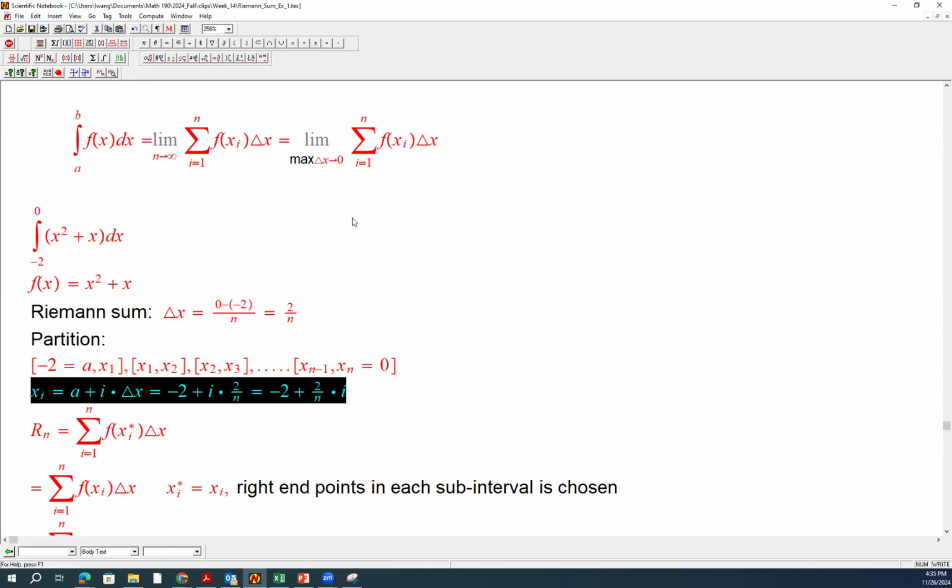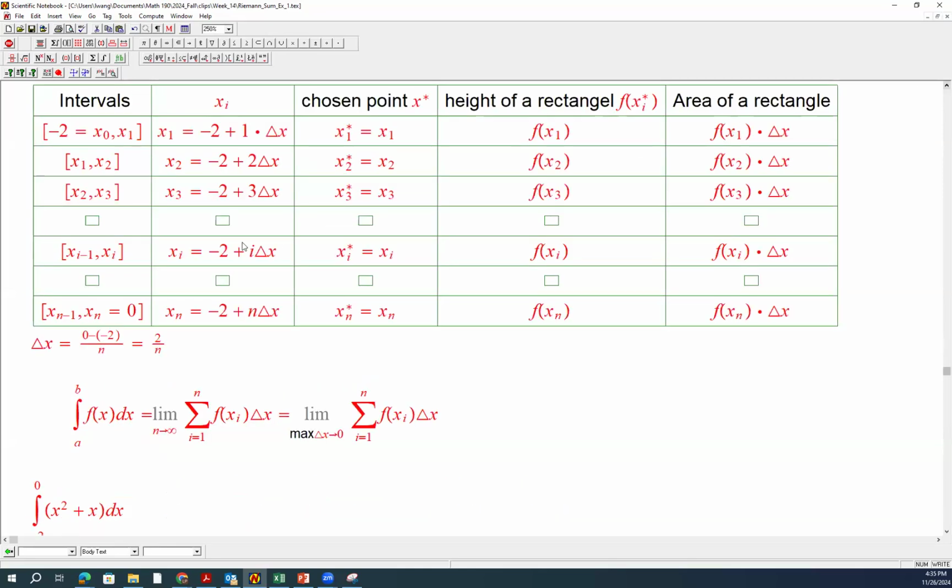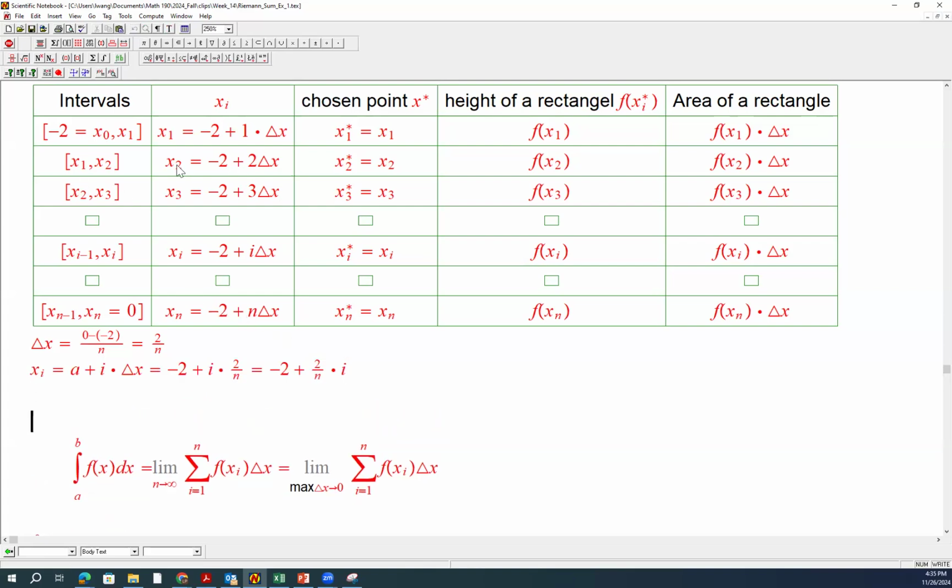So learn to work with x sub I. We already know x1 is -2 plus 1 times delta x, right? So x sub I is A plus I times delta x.